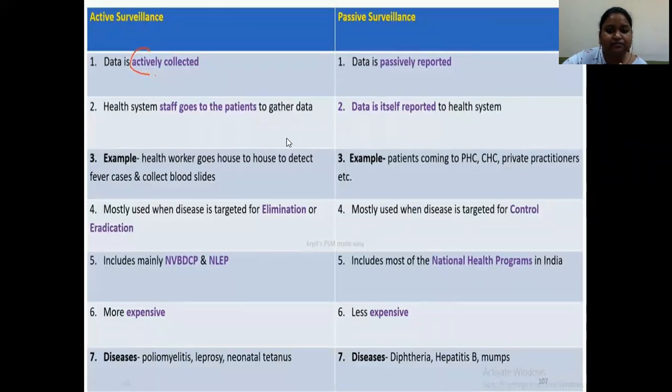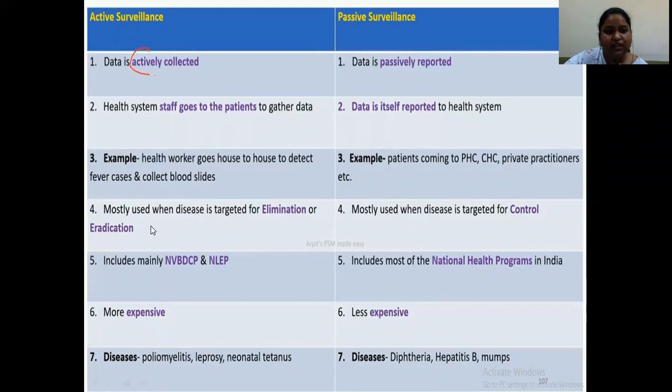For confirmation, they collect blood slides or blood samples. These come under active surveillance. If the patients are coming to the practitioners, public healthcare professionals, community healthcare workers or private practitioners, then it is passive surveillance.